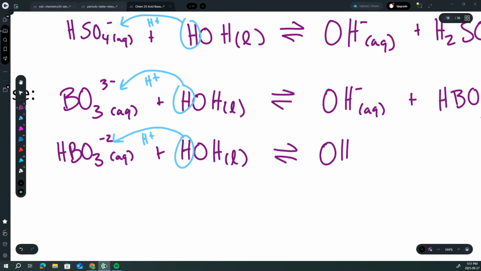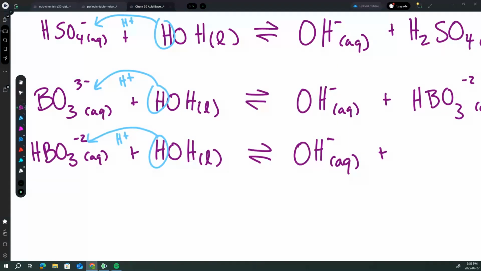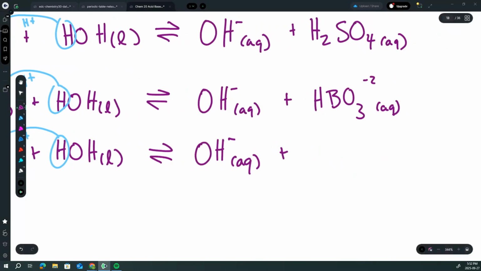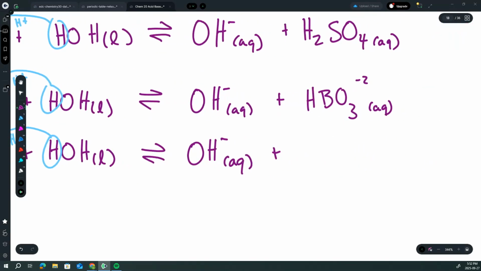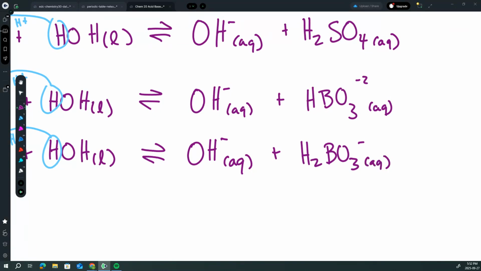So we're still going to produce hydroxide ions, and hydroxide ions are what make bases basic, or a basic solution, is their ability to produce hydroxide ions. So now this with one extra proton, that is going to be H2BO3, 1 minus. You could either write 1 minus like this or just like this. Either or is fine.